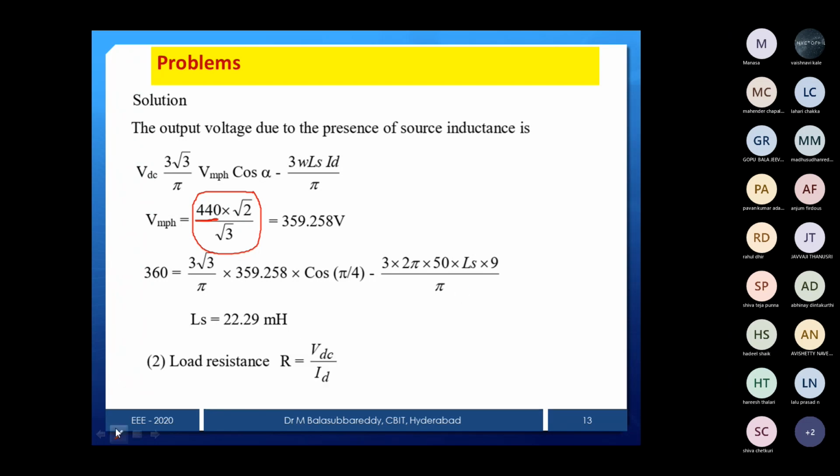And load resistance is the second bit. Once you know the voltage and the current, you can easily get the resistance. VDC is known and Id is also known, 9, and VDC value is 360, then you get the R value as 360 by 9.